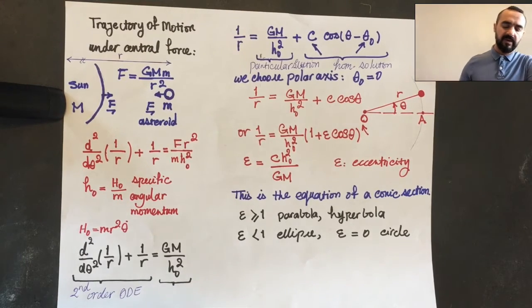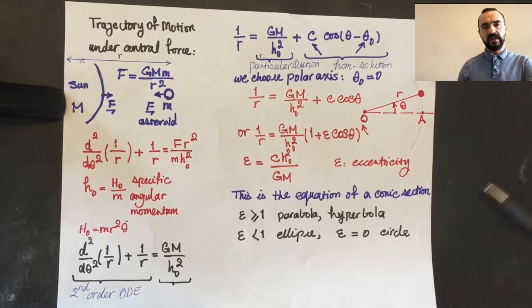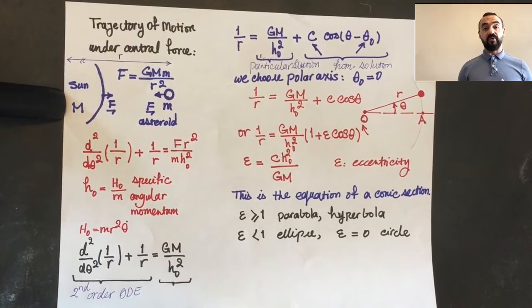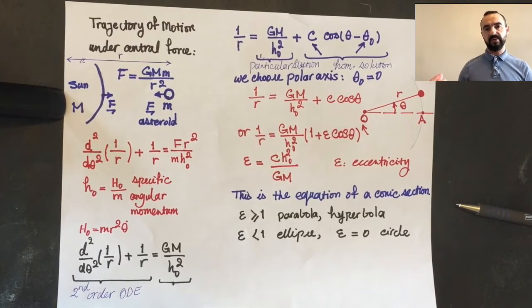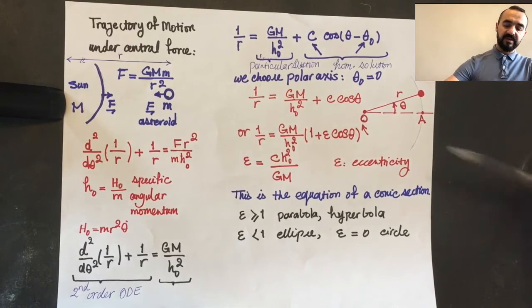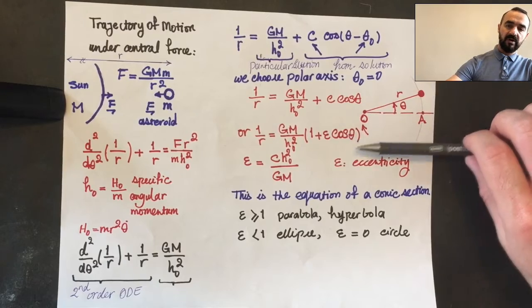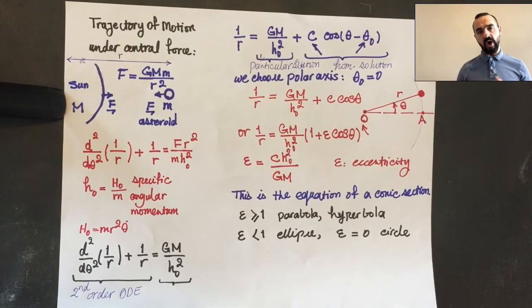For example, if epsilon is equal to 0, you're going to get a circle for your trajectory of motion. This case should be pretty obvious. If you go back to your polar frame, to a radial transverse frame, and set epsilon equal to 0, 1 over r is going to be equal to a constant. So r is going to be equal to a constant, which describes a circle in our polar frame.